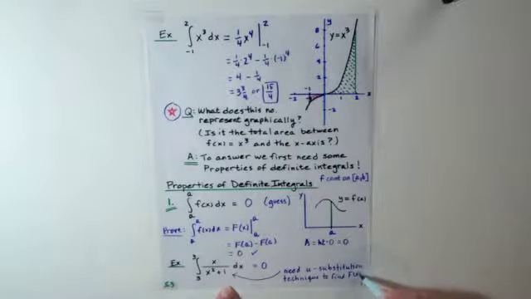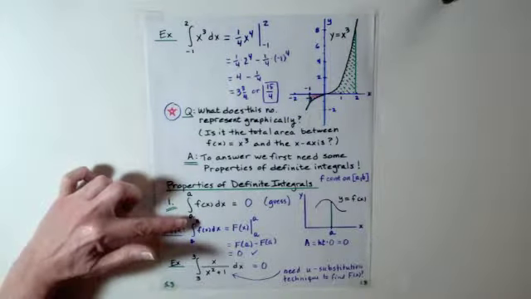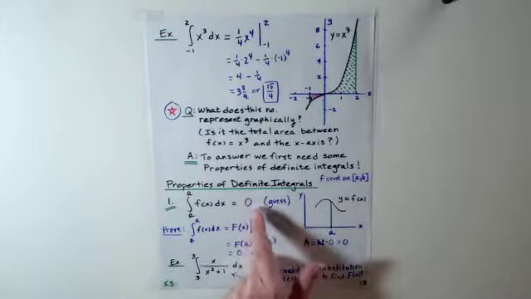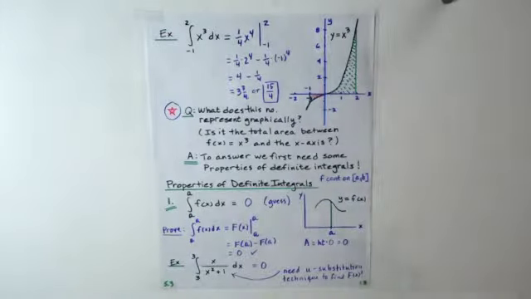So we don't even know how to do that yet. You will in a week or so, but right now you don't even know how to do it. But you don't have to know how to do it because we have this property that if the lower limit and the upper limit are the same on a definite integral, the value of that definite integral is 0.